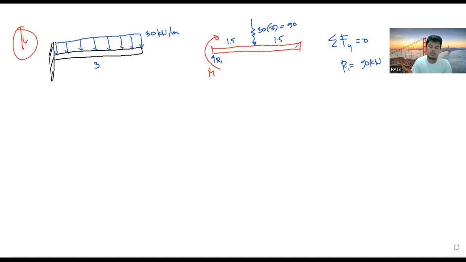And we cannot do summation of moment here, because there is already an existing moment. We can have point A here, and if we do summation of moment at A, equal to 0, so moment at A, you have 90 multiplied by negative 1.5, negative because it's counterclockwise, and then plus R1, 90.